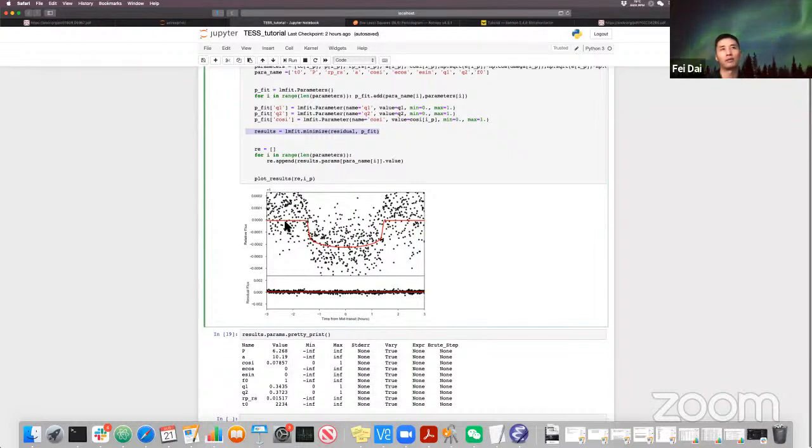So the black points are the actual measurements from TESS for how the flux changes with time. And this red curve is the best fit from the Batman model after gradient descent onto the best fit values of the parameters. Visually, you can see not all the black points go through the red curve.